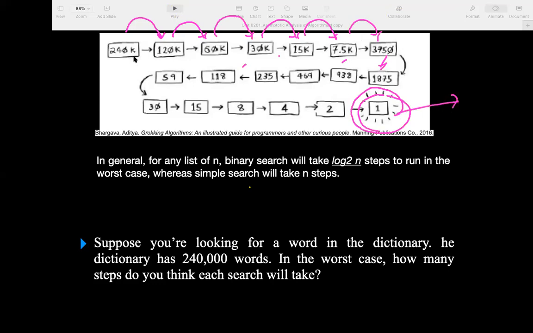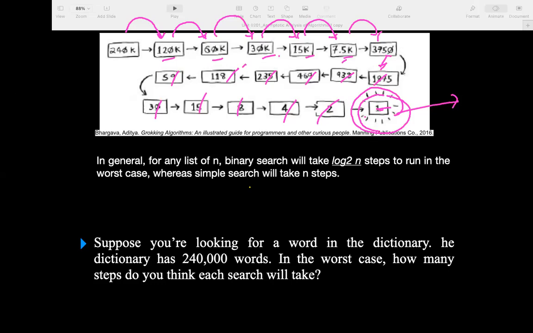If we count the steps: 1, 2, 3, 4, 5, 6, 7, 8, 9, 10, 11, 12, 13, 14, 15, 16, 17, and 18. On the 18th step, we got the answer. So this is how binary search helps us find the correct answer.